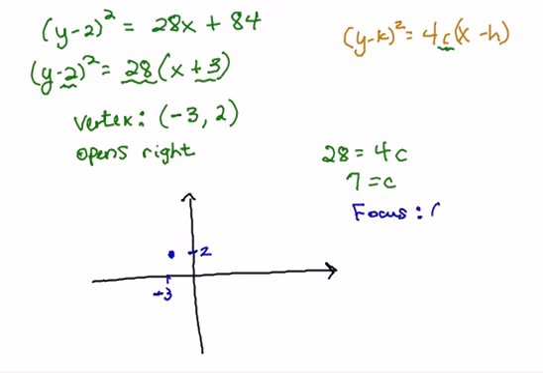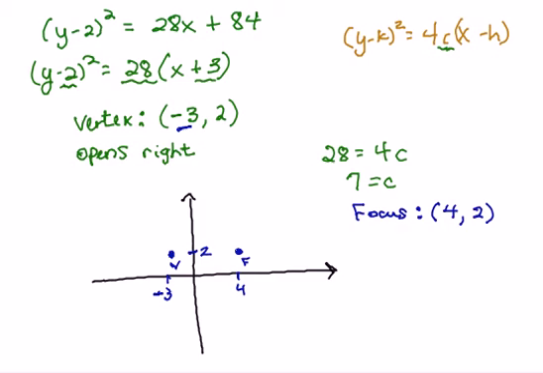And so that means that my x-coordinate here for the focus is going to change. Right now my x-coordinate is at negative 3 on the vertex. If I go 7 units to the right, then I'm going to end up at 4. Negative 3 plus 7 is 4. And the y-coordinate, of course, is going to stay the same. That's a 2. So we'll say about right there. That's our focus. This is our vertex.